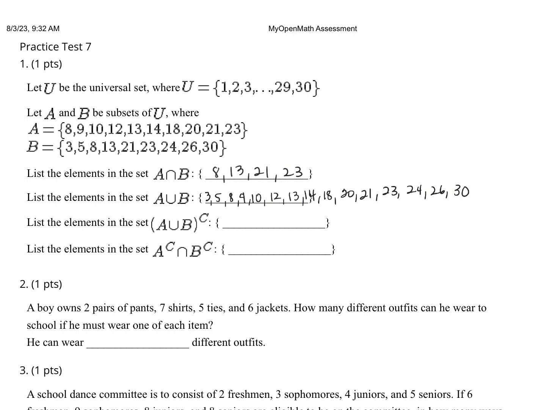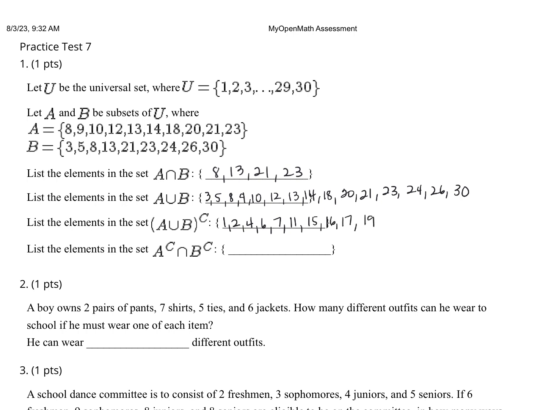All right, the third part is list the elements of the set A union B complement. So since we have A union B, we just did that. The complement of that set is anything that's in the universe that is not in A union B. So that would be 1, 2, 4, 5 is in the set above, 6 and 7 is not, 8, 9, 10 is in the set above, 11 is not, 12, 13, 14 is in the set above, 15, 16, 17 is not.